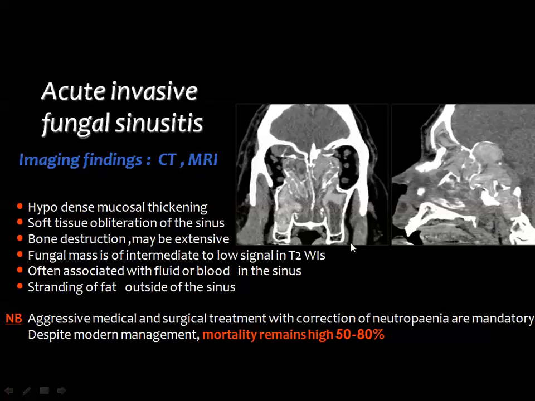Then the destructive changes in the surrounding bones is suggestive of the invasive type of fungal sinusitis. Then, in spite of the modern management of fungal sinusitis, the mortality remains high, which may reach up to 50 to 80% according to the literature.